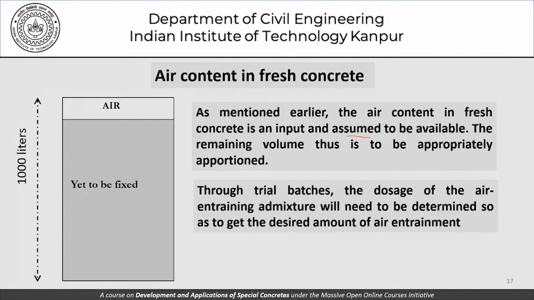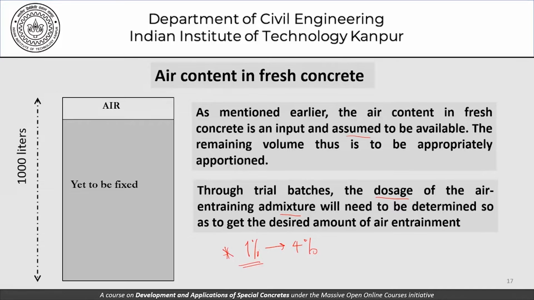Through trial batches, in case of air entrained concrete, the dosage of the air entraining admixture will need to be determined so as to get the desired amount of air. The manufacturer of the air entraining admixture can tell you that if you add 1% of this admixture, you will get 4% air. So you really need to carry out an exercise where trial batches are done with 1% admixture and trying to find out whether this 4% becomes 4.5, 3.5, 5, and so on.